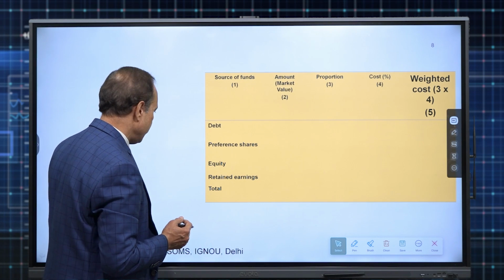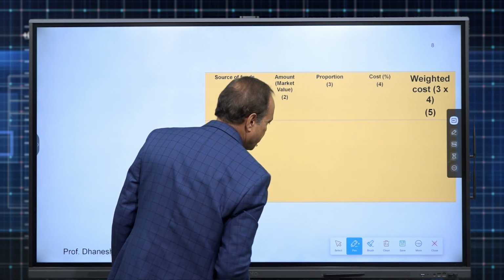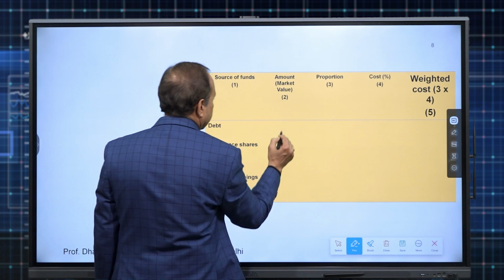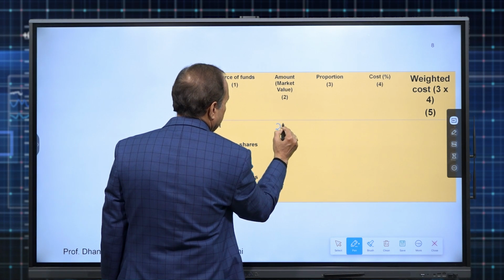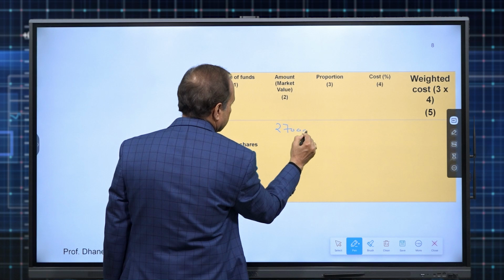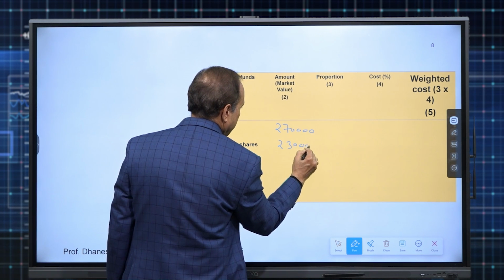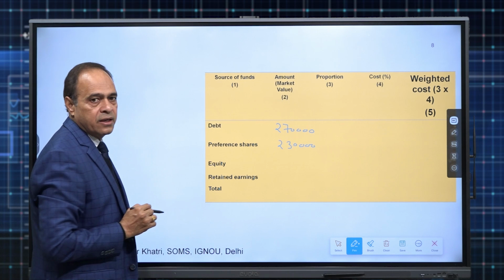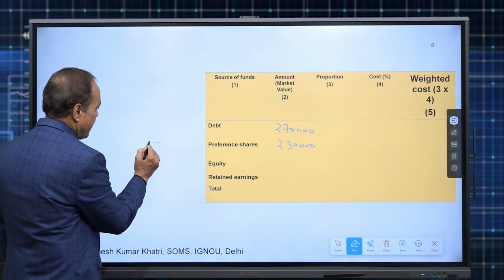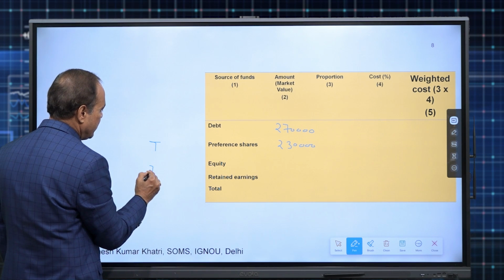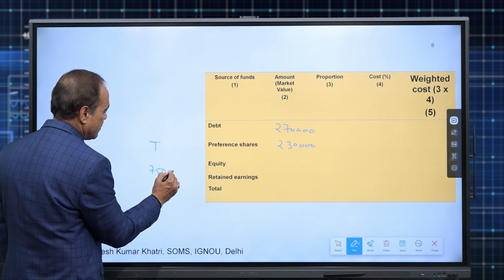So now we have these things with us. Debt market value was 2,70,000. Preference market value was 2,30,000. Equity and retained earning, we have to split like this. Collective market value of equity was 7,50,000.